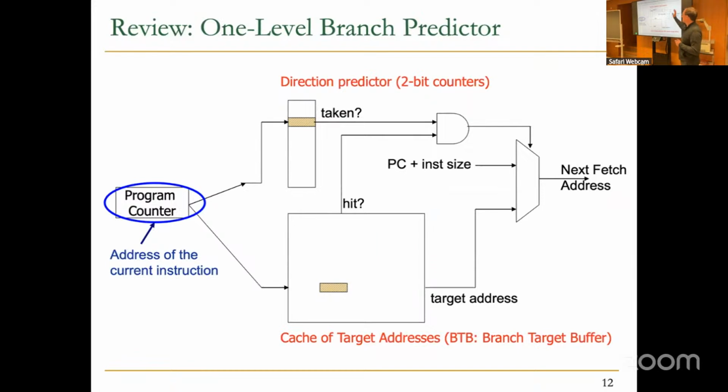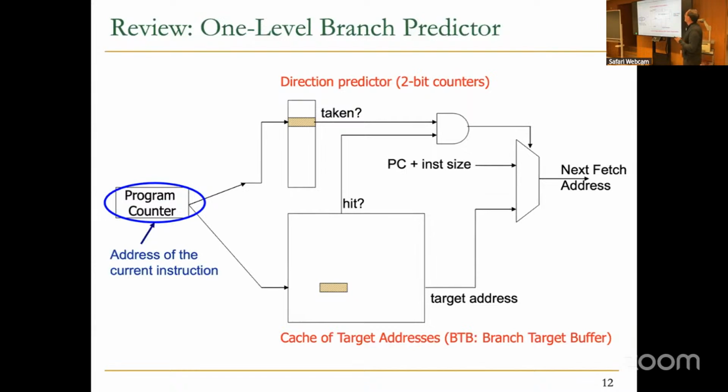So just to clarify everything, this was our one-level branch predictor, right? We used a program counter to index into this pattern history table that uses 2-bit counters for each program counter, or for a set of program counters, because you may use hashing to get there. Clearly, if your program counter is 64 bits, you're not going to have a 2 to the 64 entry table of 2-bit counters. So use hashing normally.